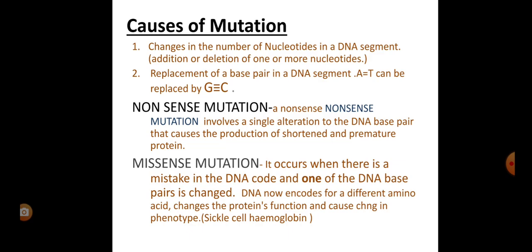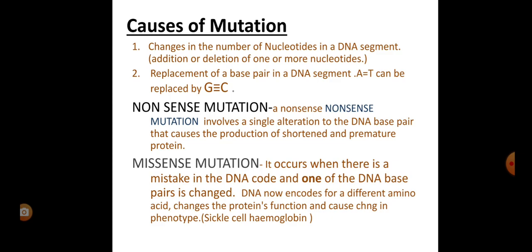The nonsense mutation involves a single alteration in the DNA base pair, which causes production of a short and premature protein. Missense mutation occurs when there is a mistake in the DNA code and one of the DNA base pairs is changed.